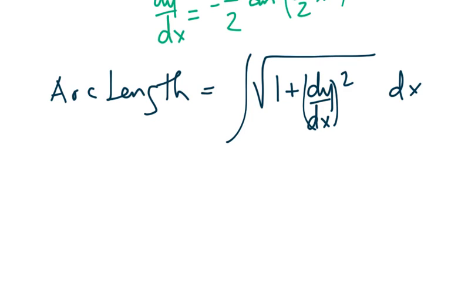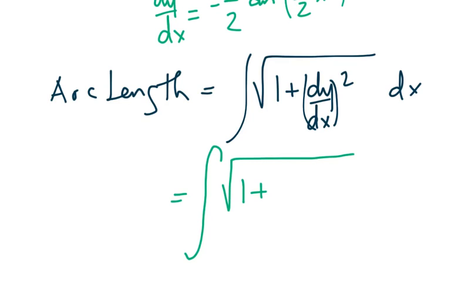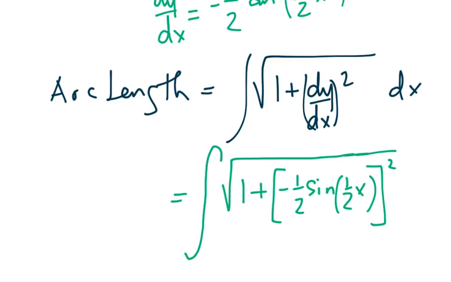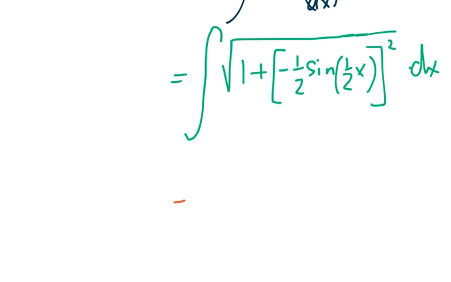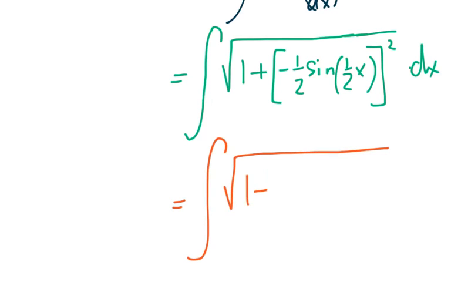So the arc length is the integral of the square root of 1 plus (-1/2 sine of 1/2 of x) squared, dx. No problem. If we simplify this, it would be the integral of the square root of 1 plus 1/4 sine squared of 1/2 of x dx.